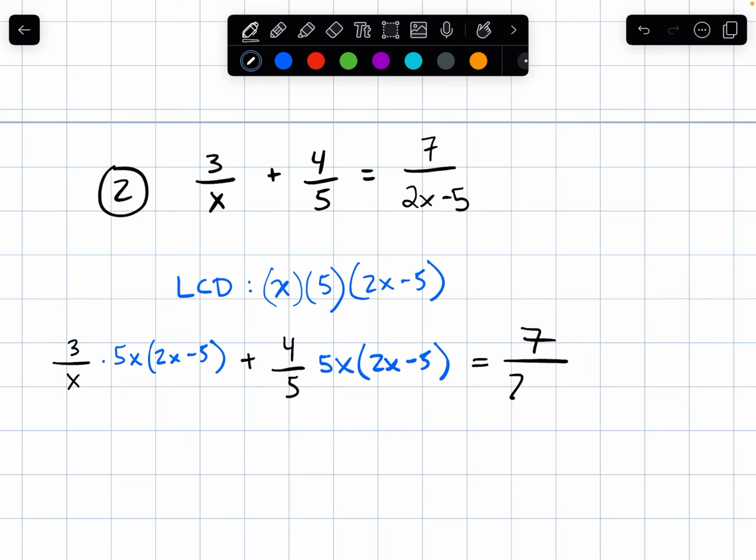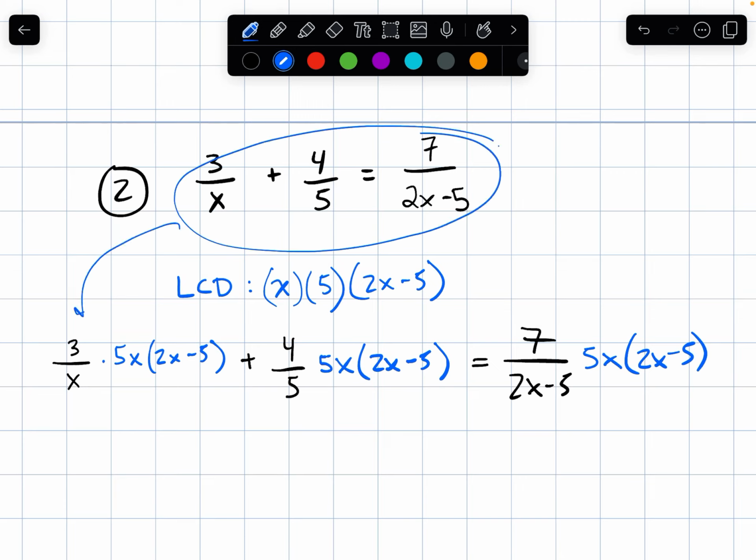And then that's going to equal 7 over 2x minus 5, and again I'm going to multiply that by 5x times 2x minus 5. All I've done so far is copy-paste this original and multiply every single term by the LCD.